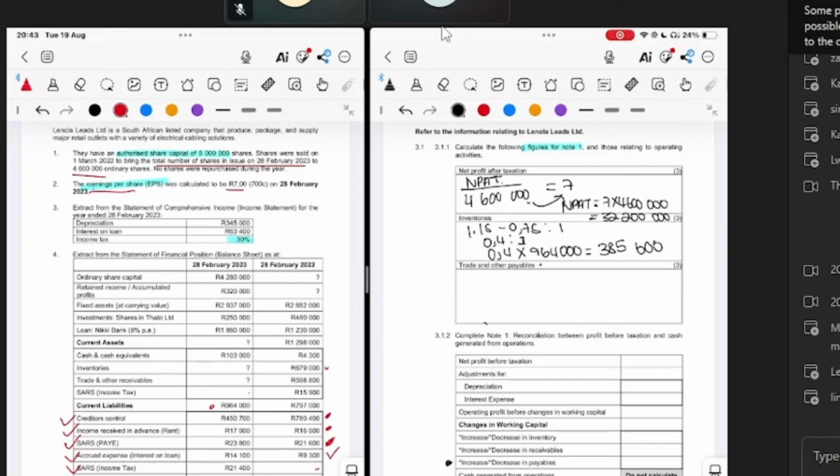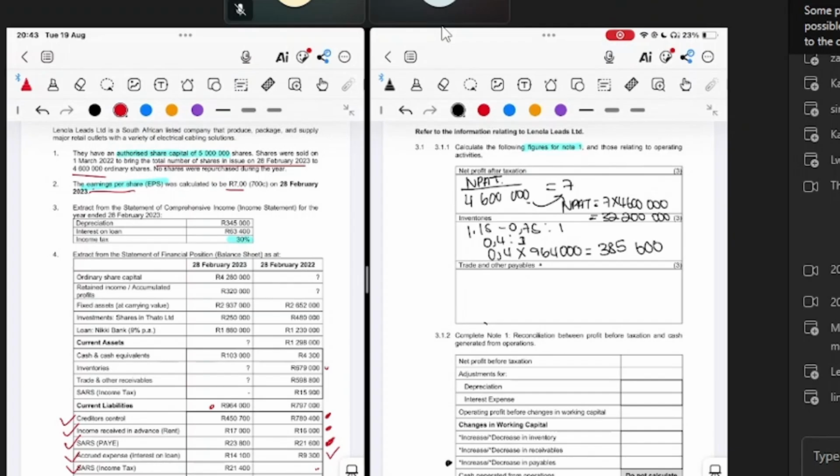Neither is your bank overdraft, because that's part of cash and cash equivalents. Sorry, just checking something. Okay, but shareholders for dividends, not part of it. Okay. So we just take those amounts only, not all of them.